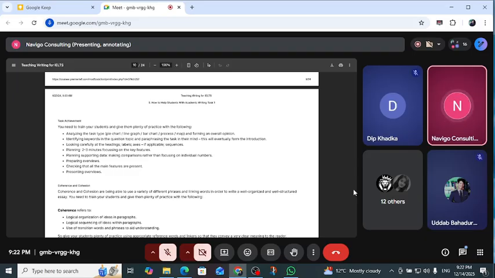You plan your writing: what supporting data, what comparisons you need to make, what details are given in the question and how to portray them. Only then do you start writing, present your overview, check whether all the relevant features are mentioned, and present your writing. This is how you approach the question.